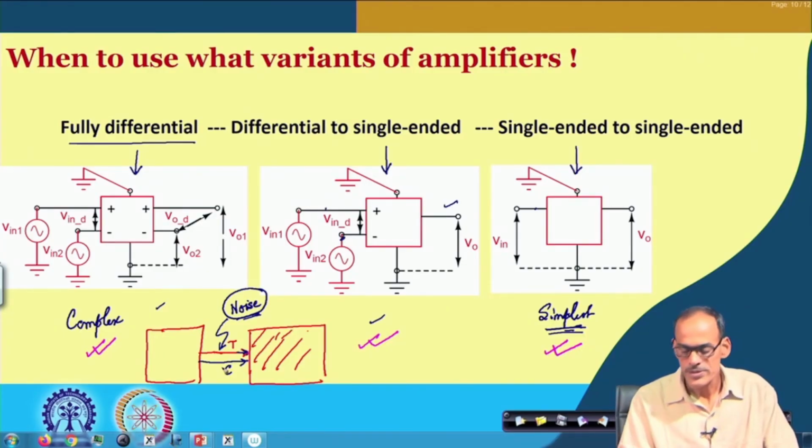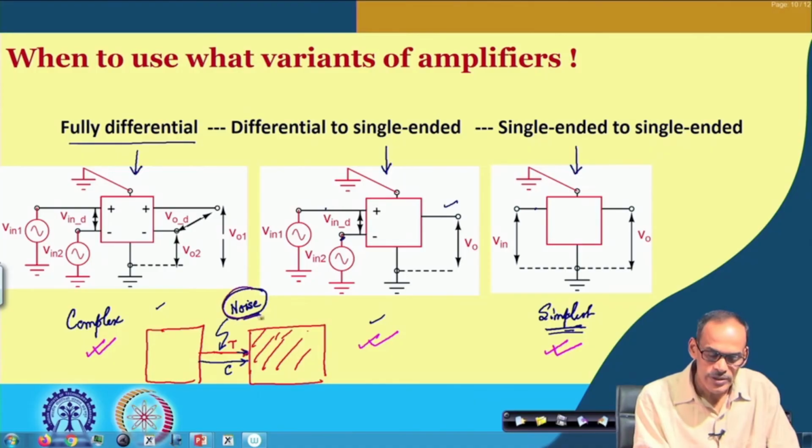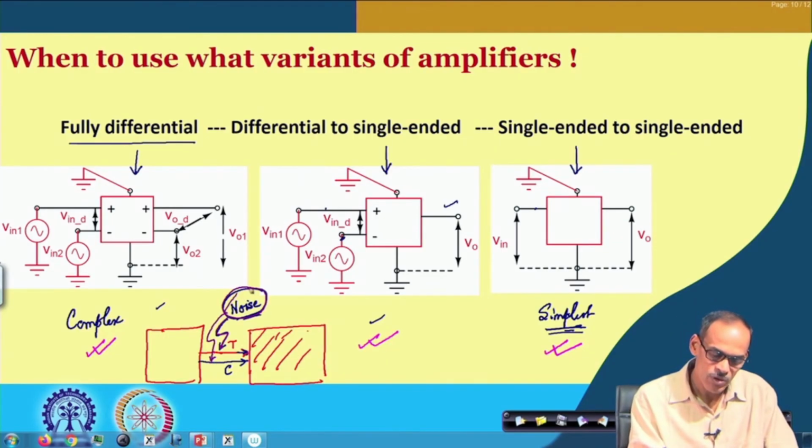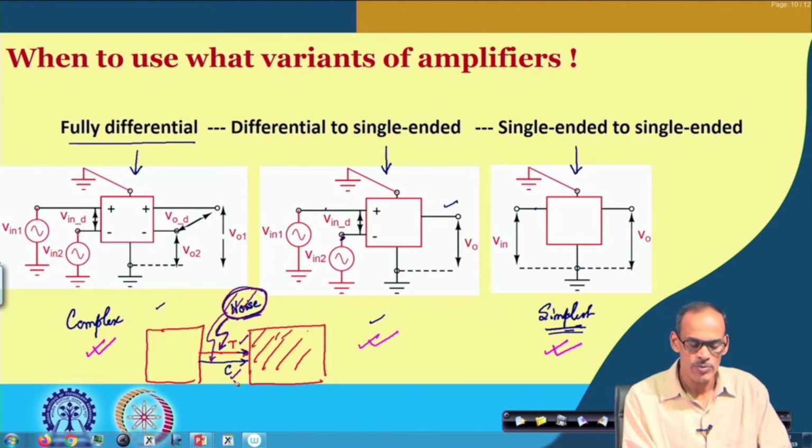Now, how does it help? In case we have some unwanted noise coming in, this noise may be interfering with the true signal path as well as the complementary signal path in the same way, which means that whatever the noise is, it is coming in the true signal and the complementary signal in the same way.